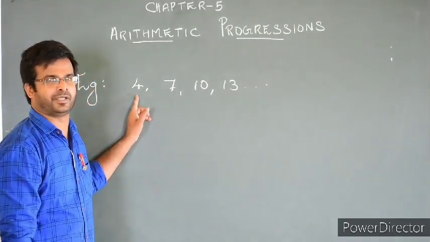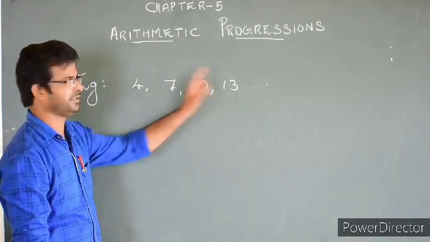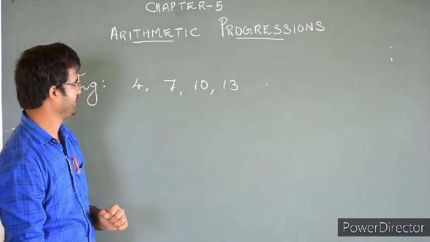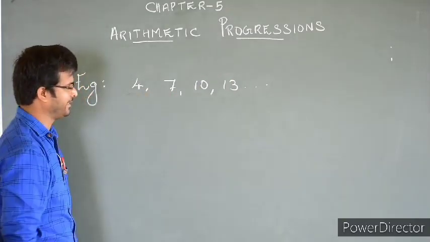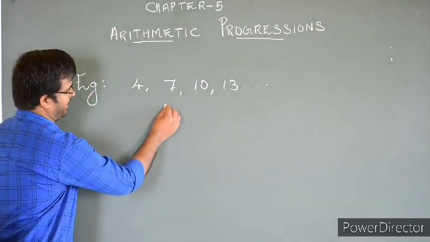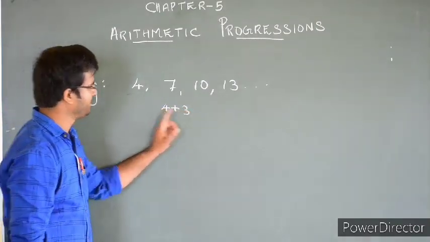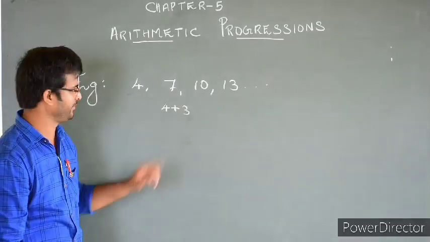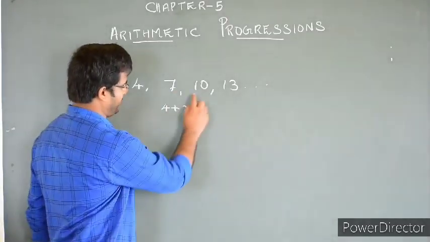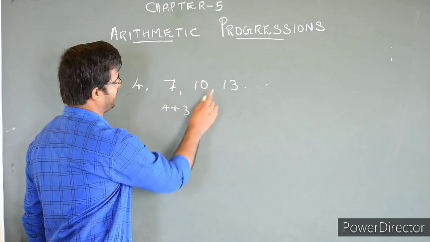This 4 is known as the first term of the arithmetic progression. Then 7 is the second term. 7 we can write as 4 plus 3. 4 is the first term, then one common number, that is 3. 4 plus 3. Then the next term, that is 10, the third term.